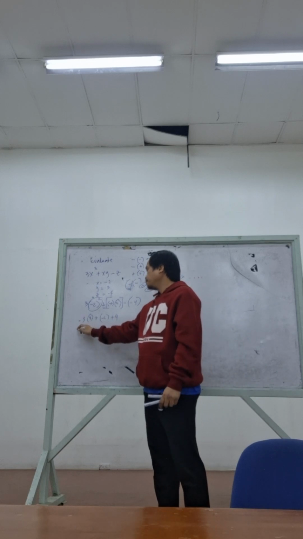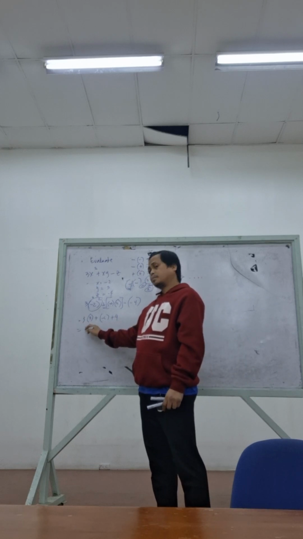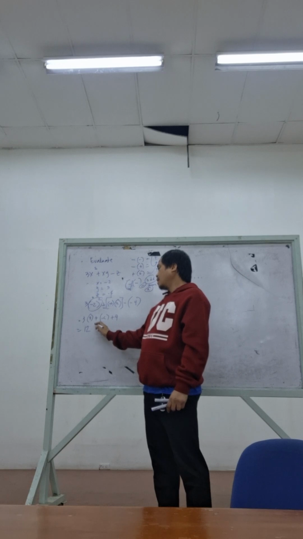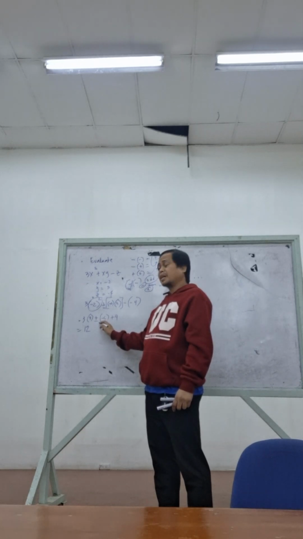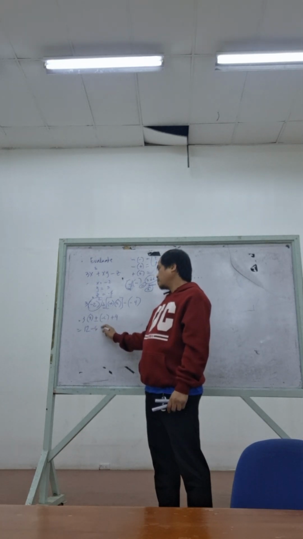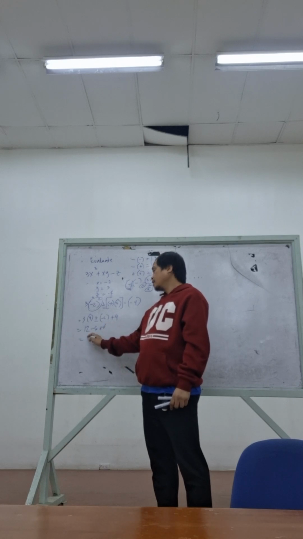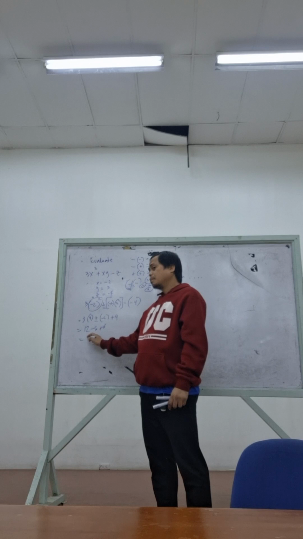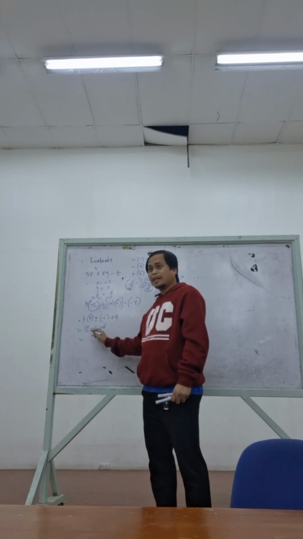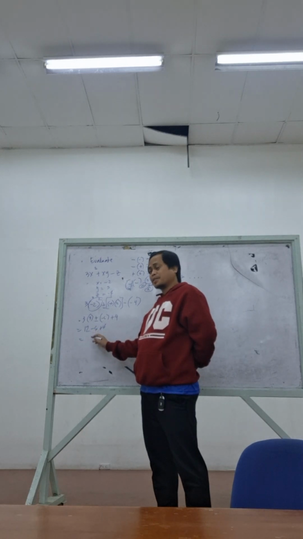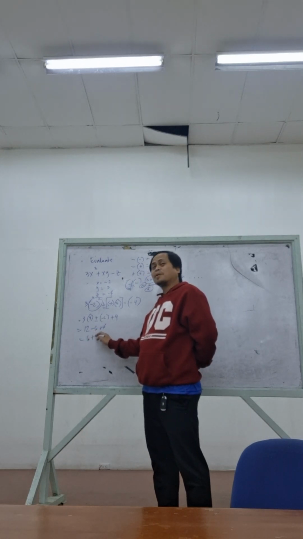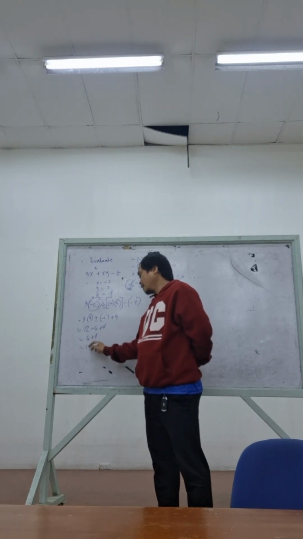What's the answer? Now you can perform positive times negative. Negative 6 plus 4. So this is now 12 minus 6, plus 4. Very good.